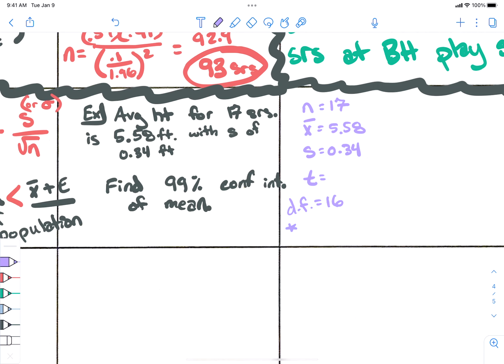It's always 1 less than n. If you need to put that in there, do. If you remember degrees of freedom is n minus 1, don't put that in there. 16, and we go over to 99%. 2.921. Is that what you said, Molly? Okay, 2.921.